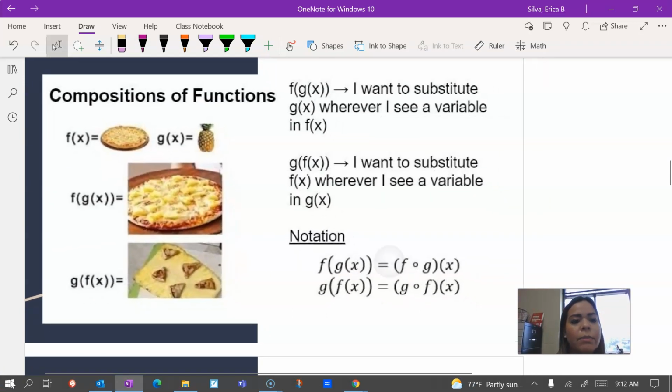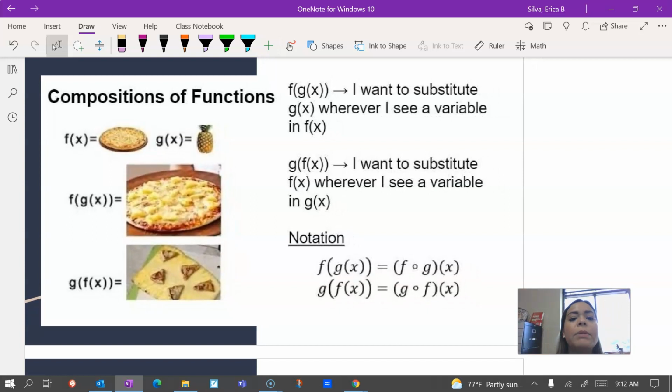All right, so what is composition of functions? Composition is when we get one function and we put it on the other one. So an example is like this pizza. If we have f, the function f stated first, that means we're going to have this whole pizza, and then we're going to place g of x on the pizza or on that function.